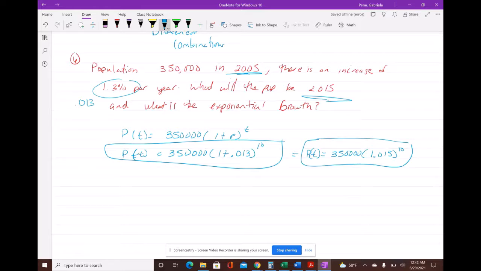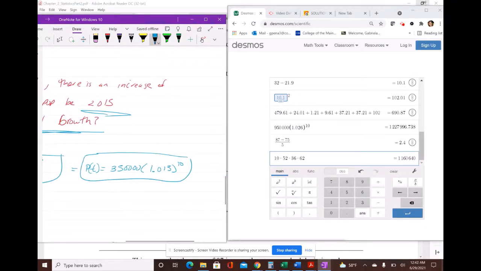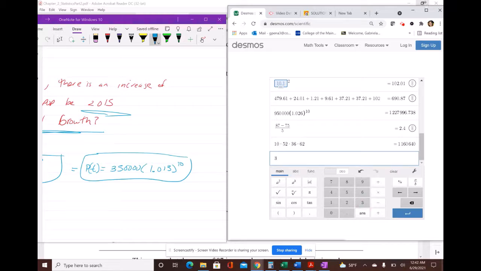Now, if you want to know the answer, so there's my exponential growth, but if I want to know the population, then I'm going to have to use Desmos or your calculator: 350,000, parentheses 1.013 to the power of 10.